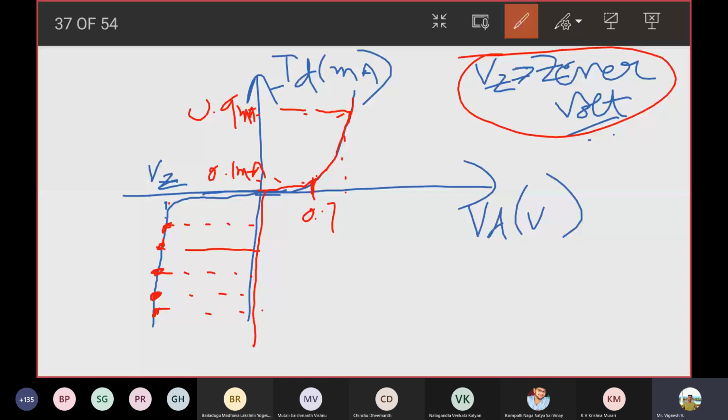But still, what do you consider? You consider this voltage to be approximately equal to 0.7, right? You replace this PN junction diode with a battery of 0.7 volts, right? Am I right? That's the approximation that you do.